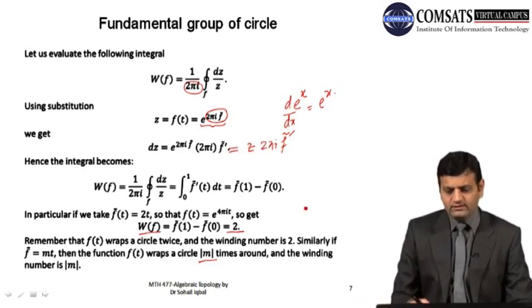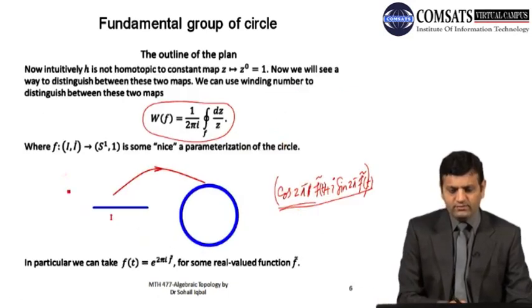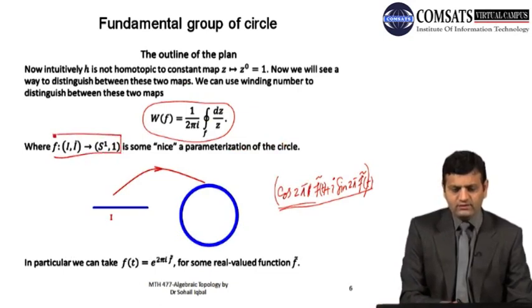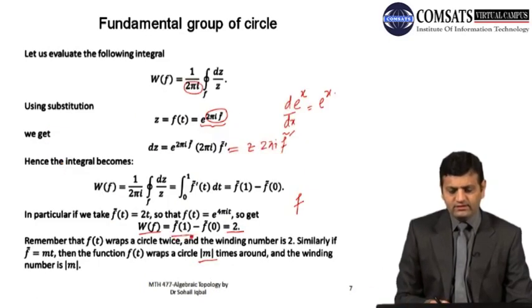This function f, which is a function from I to S1, has a related function f tilde, and the winding number is obtained in terms of f tilde.